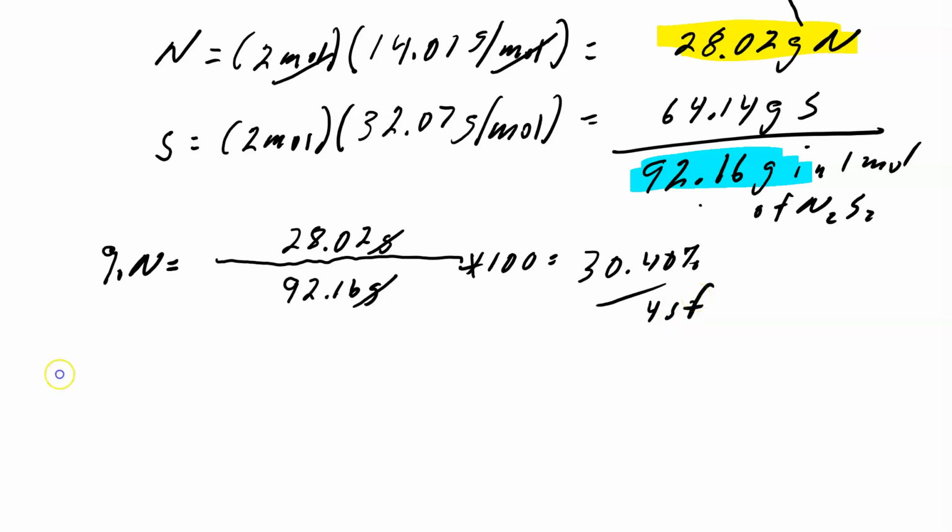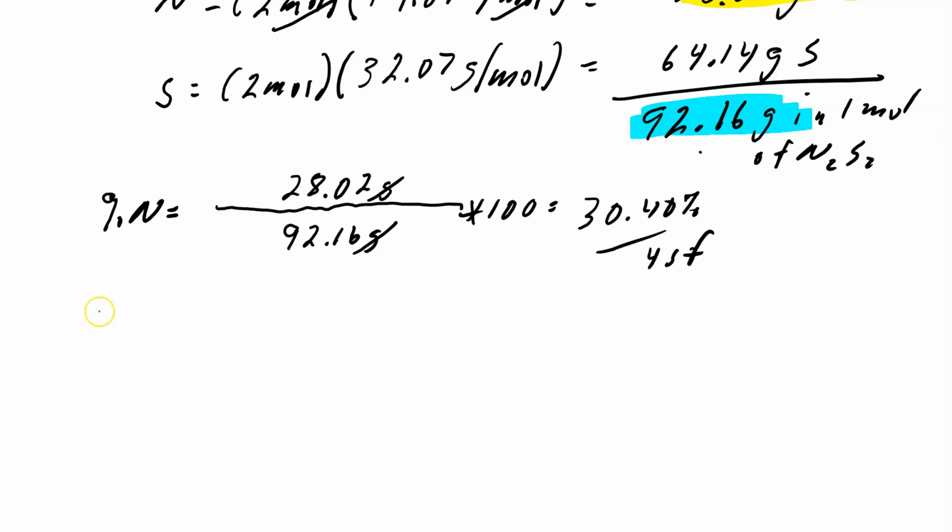And now we repeat the calculation for sulfur. Our percent sulfur is going to be equal to, now I'm going to get the mass of sulfur in 1 mole of the compound. We calculated that a few minutes ago at 64.14 grams.